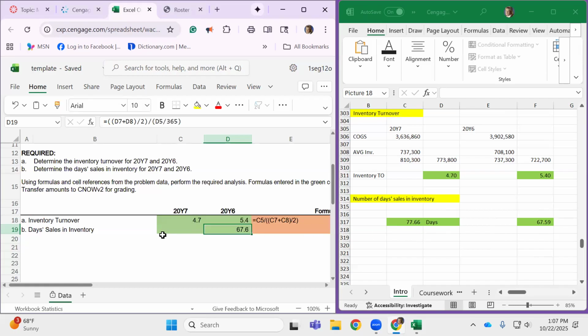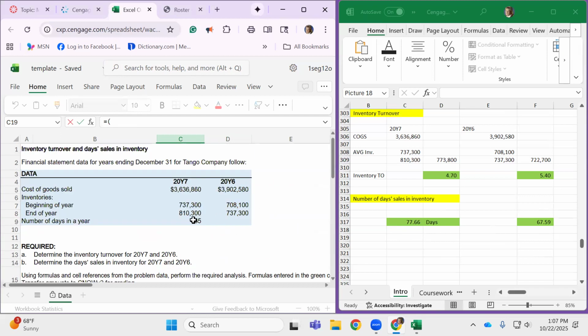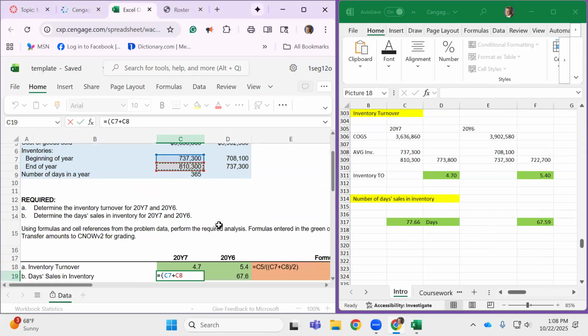There it is. Okay, we're going to do this again. Equals, open parentheses, go get your beginning inventory, add it to your ending inventory, and then you're going to divide that by 2 to get an average. When you've got to put another set of parentheses around this. This is the numerator.